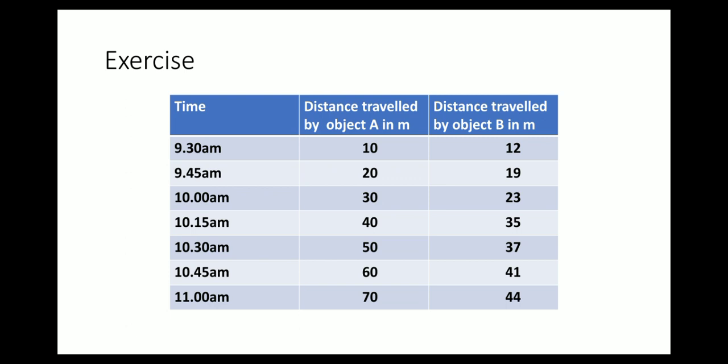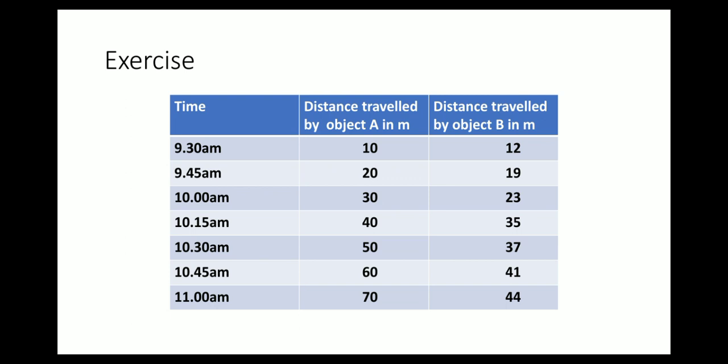And distance travelled by object B is 12 meter, 19 meter, 23 meter, 35 meter, 37 meter, 41 meter, 44 meter. So, every time difference is 15 minutes.